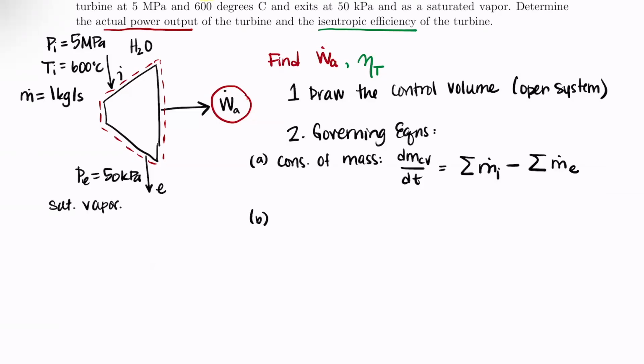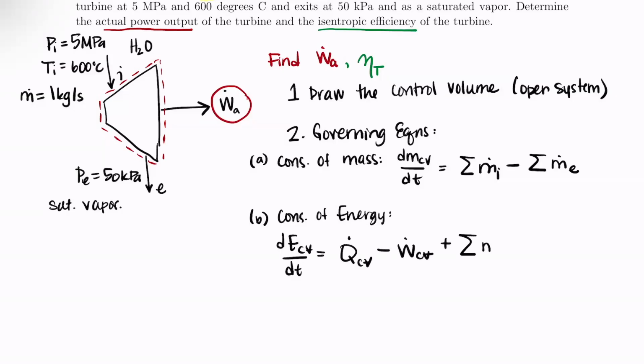And we also have conservation of energy, which is the time rate of change of the energy inside of this control volume is equal to Q dot for the control volume minus W dot for the control volume plus the sum of the energy flowing in with the mass flow rate.